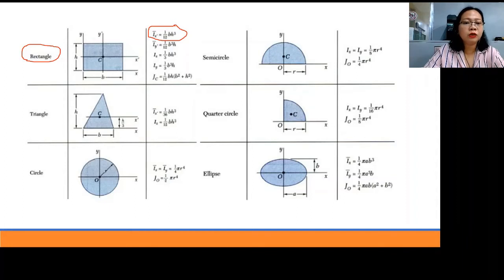If you translate, or if you get the moment of inertia along the x-axis, then you have along the midpoint, and you have the moment of inertia at y prime here, which is 1 over 12 BH cubed.